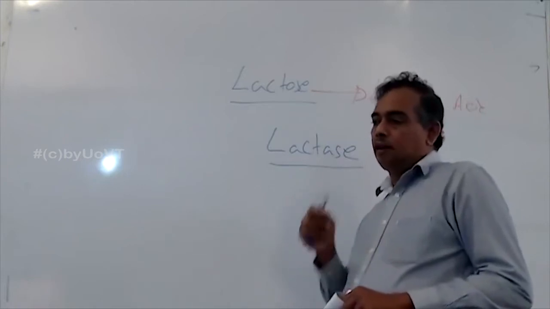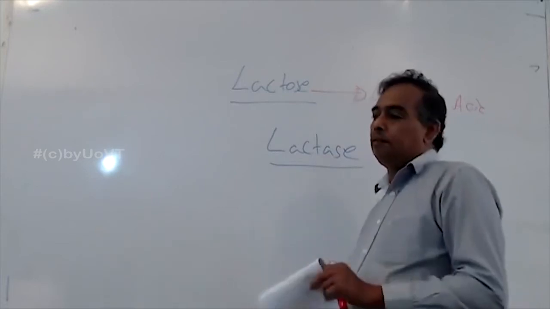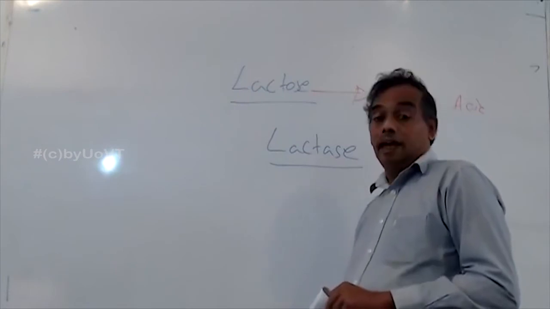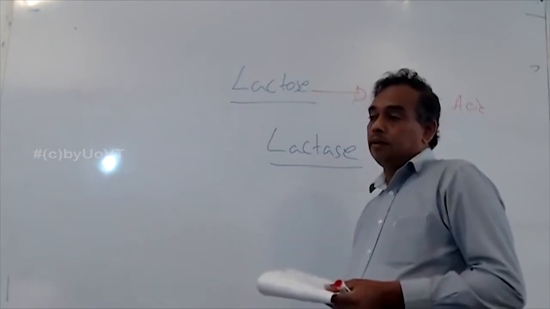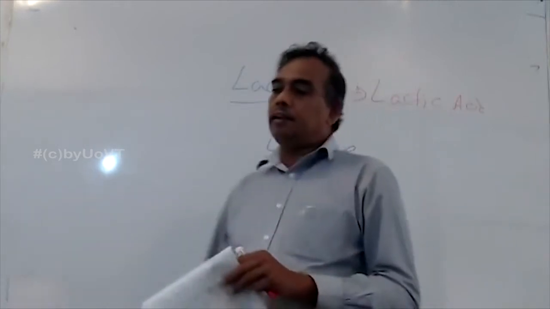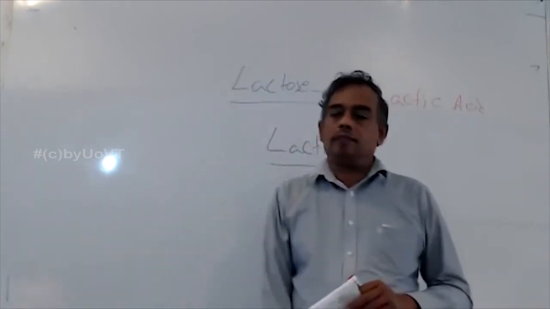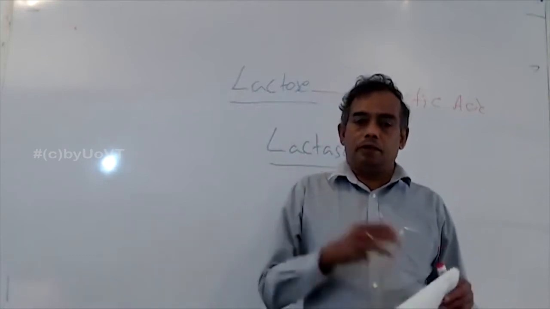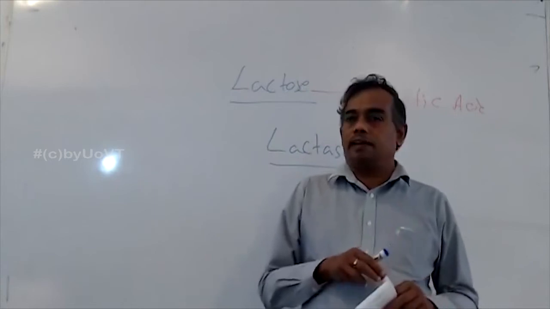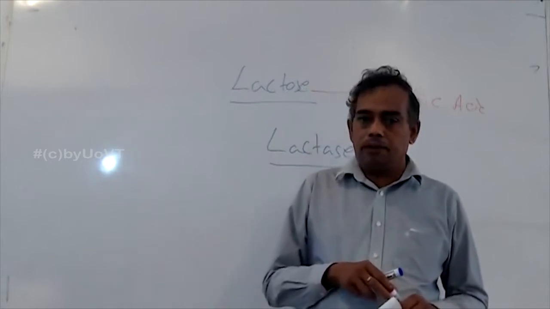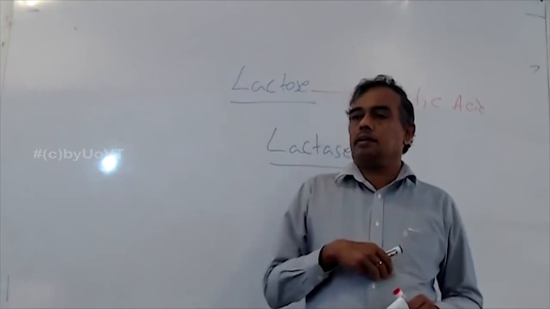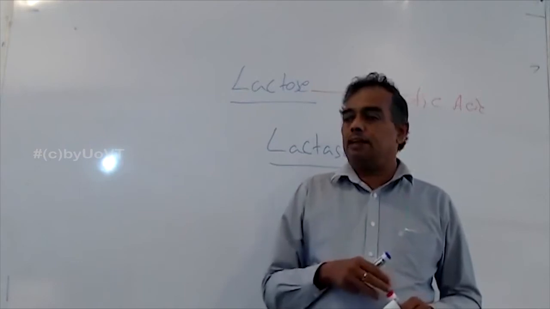Sometimes certain microorganisms available within your system can digest it, and they will produce unwanted gases within the stomach. So the microbes interact with lactose, they use lactose as their food, and then they produce unwanted gases as byproducts.